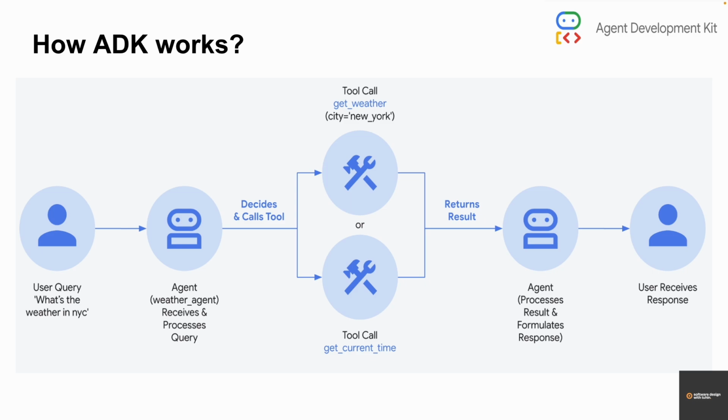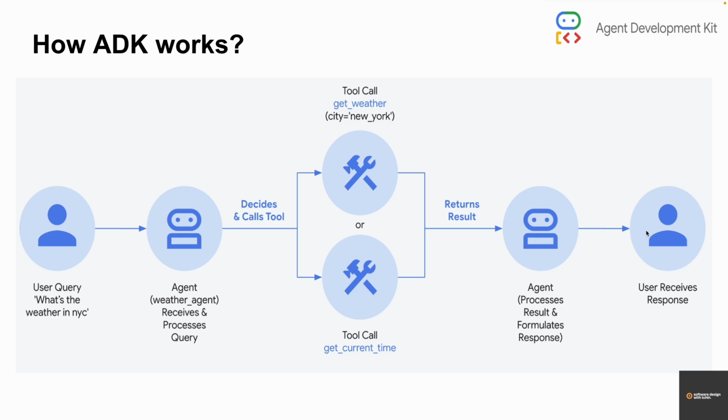So it will invoke that particular tool, get weather, with the parameter city equals New York. If we ask what is the current time, then it will go to the get current time tool and it will return the result. Now the agent processes the result and formulates the response, and finally it sends it to the user.